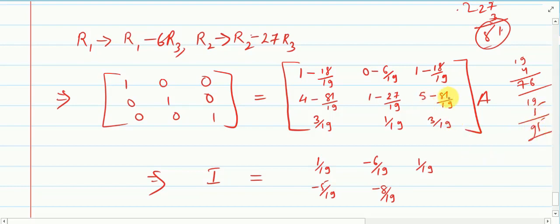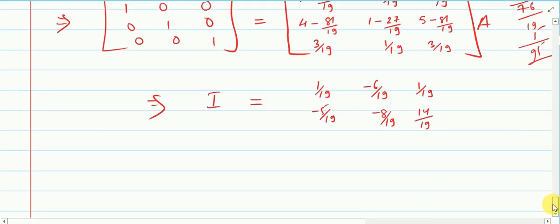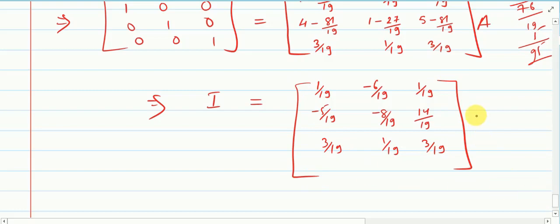So 95 minus 81. Yes, it will be 14 by 19, and here we have 3 by 19, 1 by 19, 3 by 19. Done. Into A.